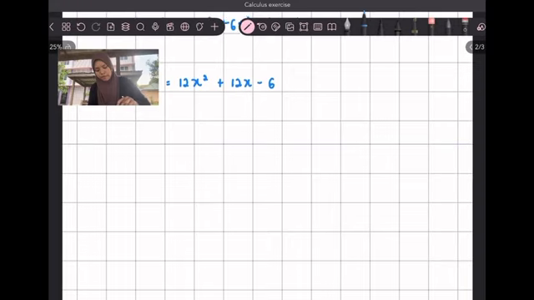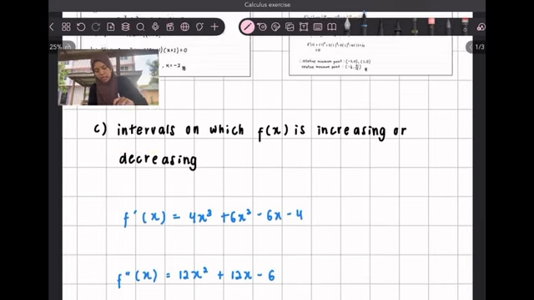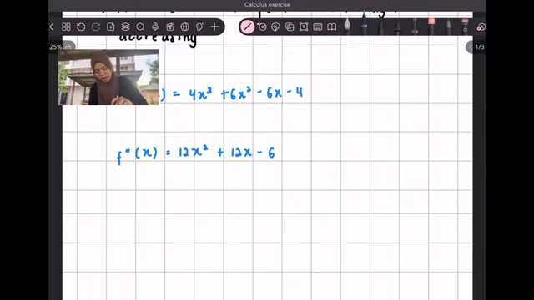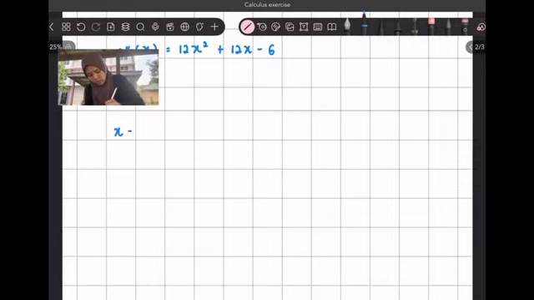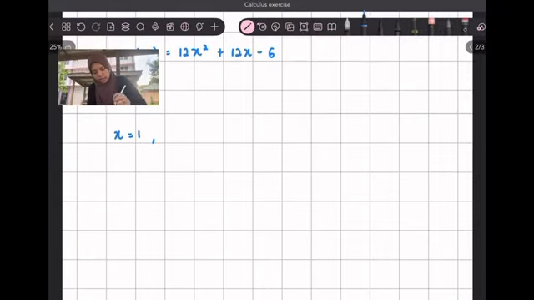So the first one, we can use x equal to 1. We just need to substitute the critical points that we got from question A.